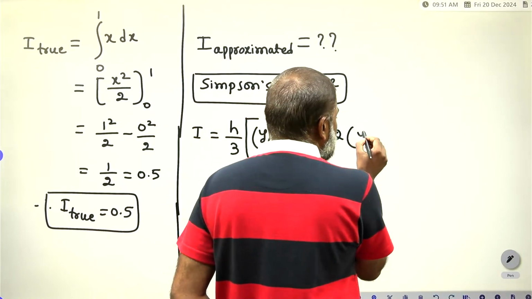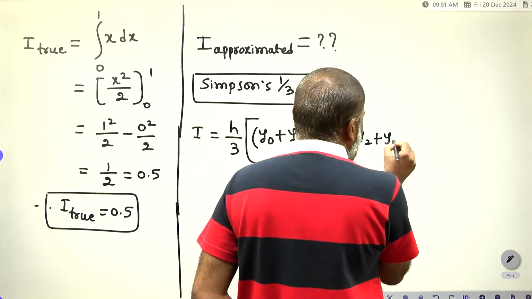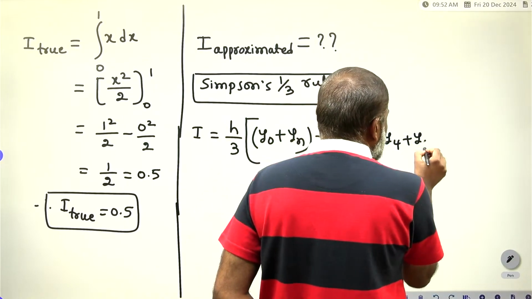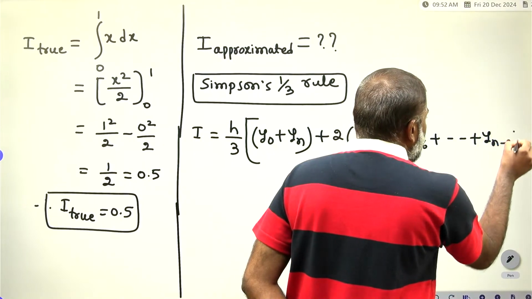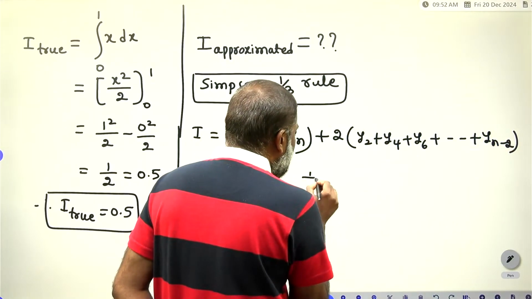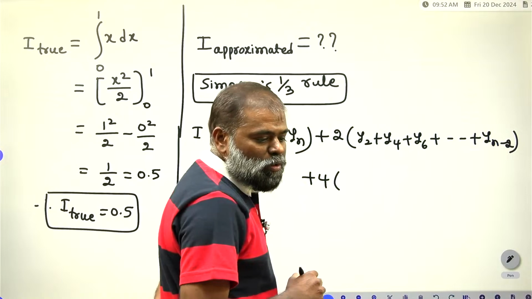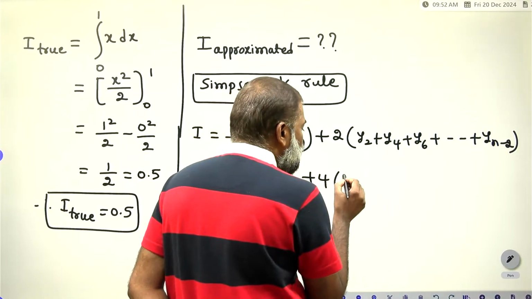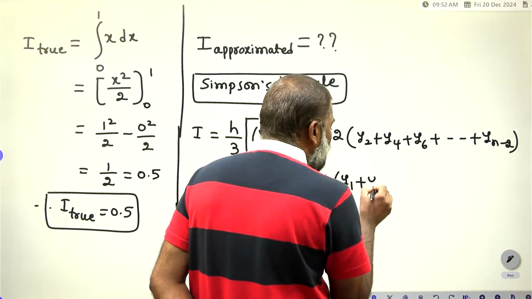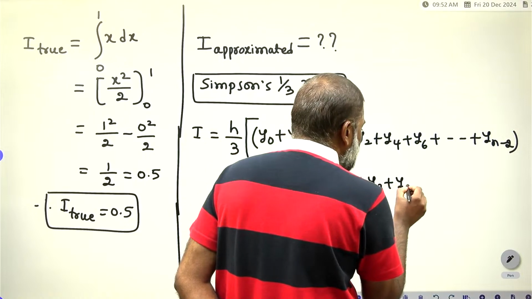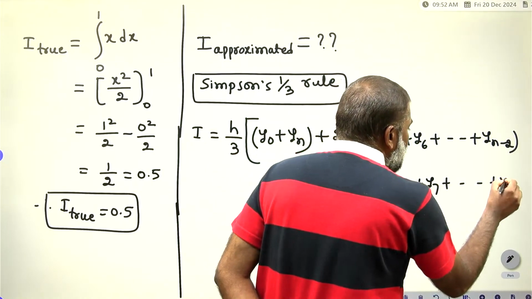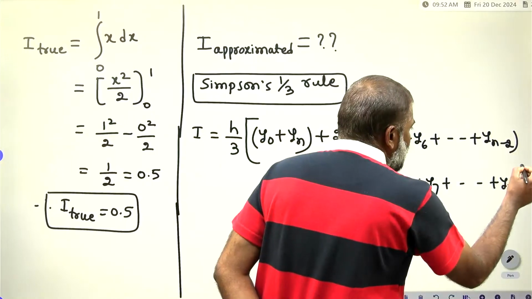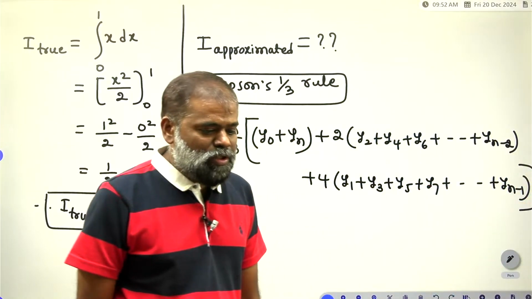Even terms means y2 plus y4 plus y6 and so on, plus yn minus 2. Plus 4 into odd terms: y1 plus y3 plus y5 plus y7 and so on, plus yn minus 1.